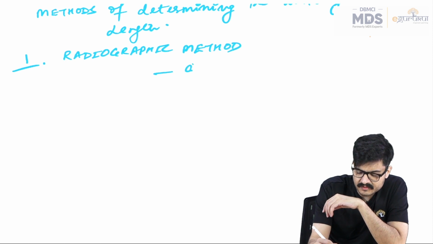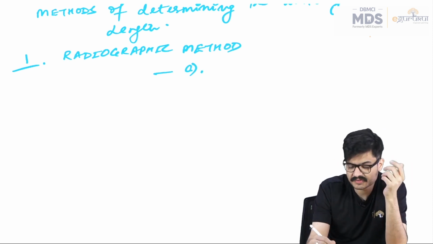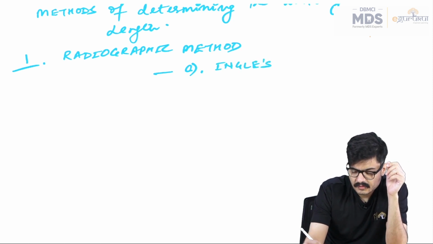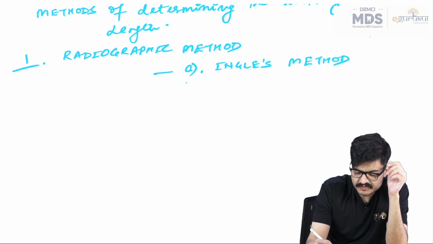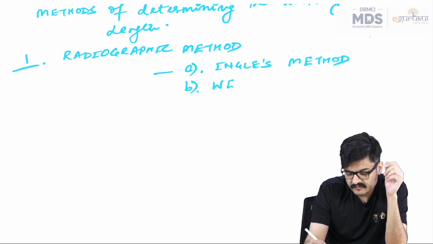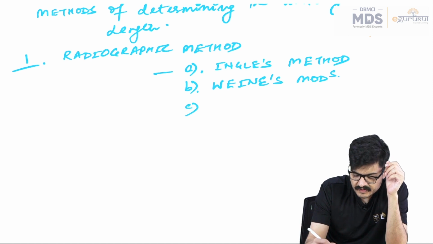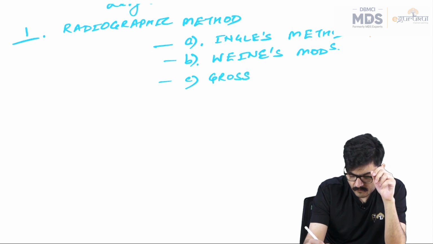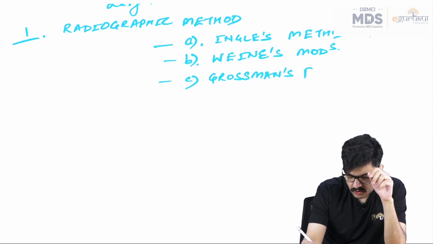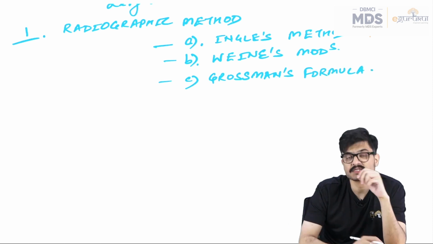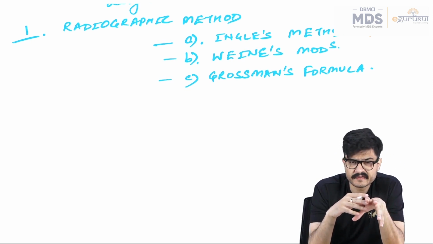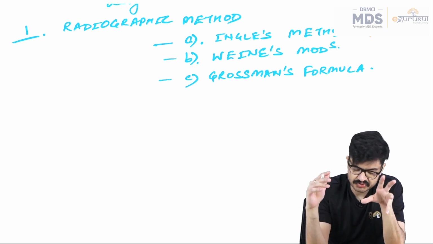Within the radiographic method, the most standard and best considered is obviously Dr. Engel's method, commonly referred to as the Engel's method. Then of course we've just discussed Wien's modifications over the Engel's method. Then we have the Grossman's formula. That also we must know, the Grossman's method or the Grossman's formula, right, friends? These are the 3 primary radiographic methods that we must know.